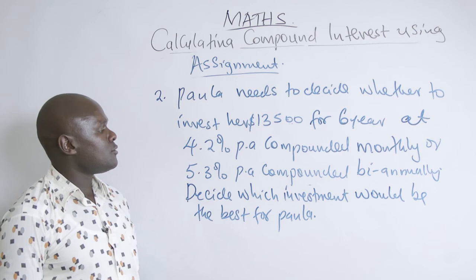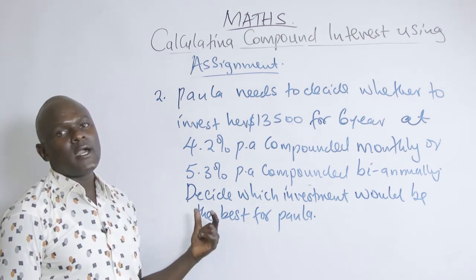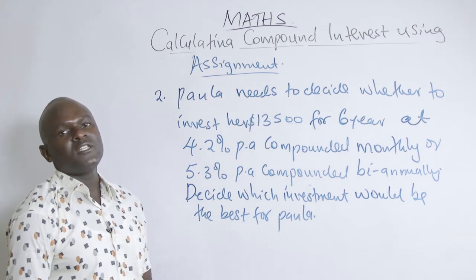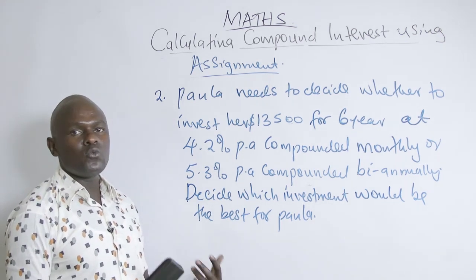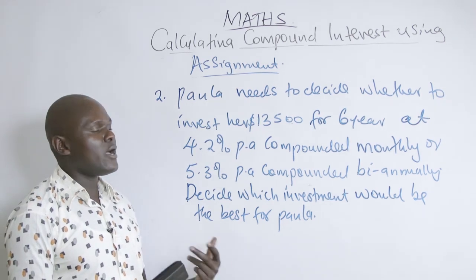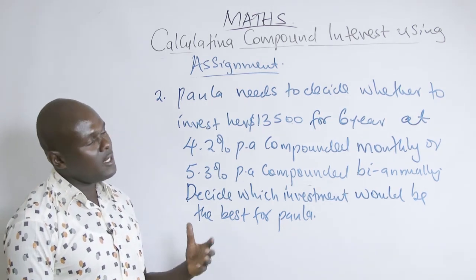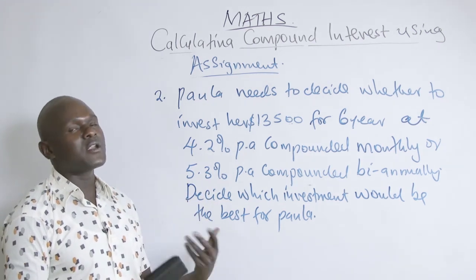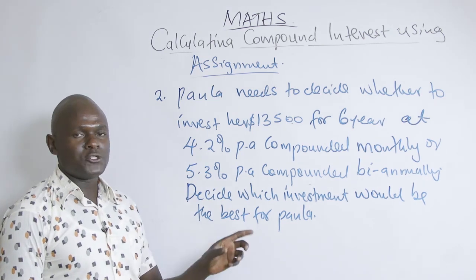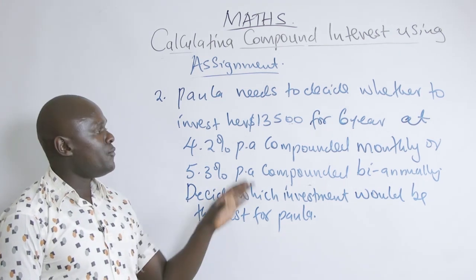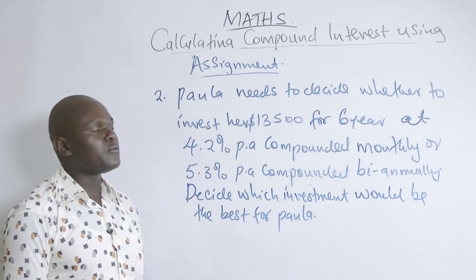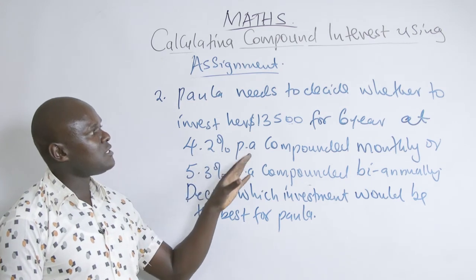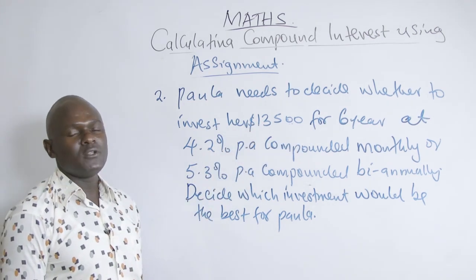This is the second question. We need to decide the kind of investment that will be best for her. And for her to have the best investment is an investment where she will earn the highest interest. Or at the end of that investment period, the amount will have increased the most. So this cannot just be determined from the face value or just by observing these percentages and the period and the amount to be invested.